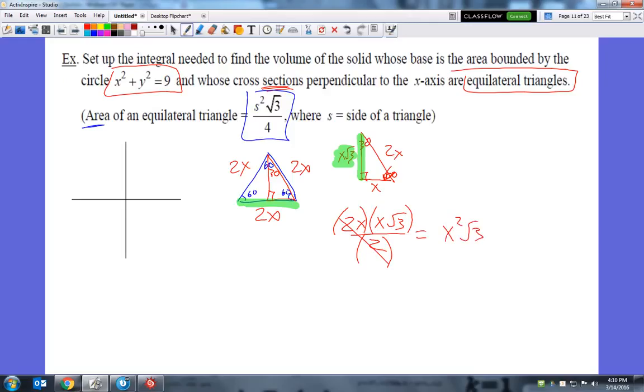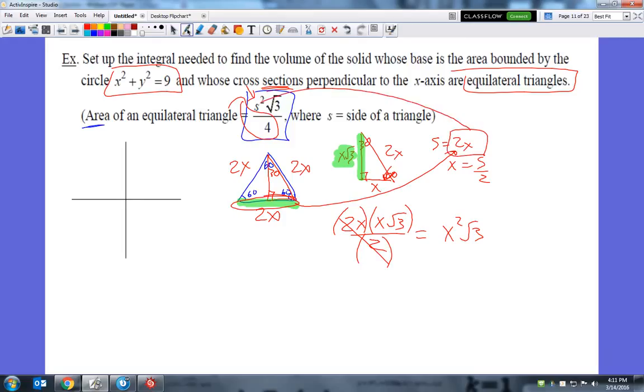The reason there's that 1/4 is the fact that here it's side squared. So I'm going to say s is equal to 2x, so that x is equal to s divided by 2. Each of the lengths of these sides, like I highlighted here in green, is going to be 2x. So 2x is equal to s.